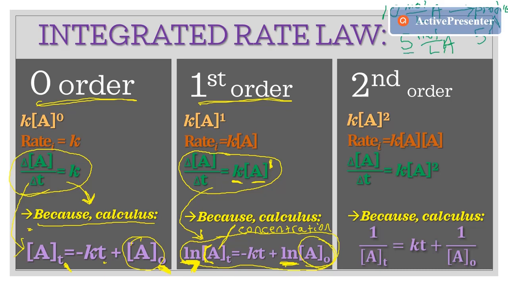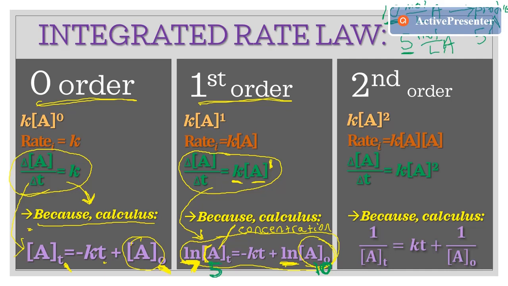So that's your final, your 5, and your initial or your original would be 10. So in this case, in the first order, your A concentration O would be the 10, and your A concentration at T would be the 5.